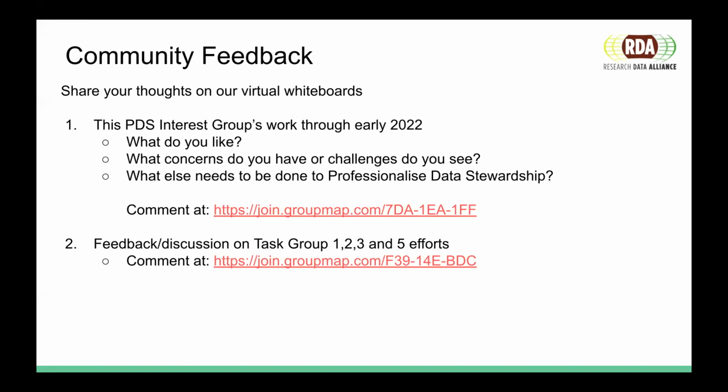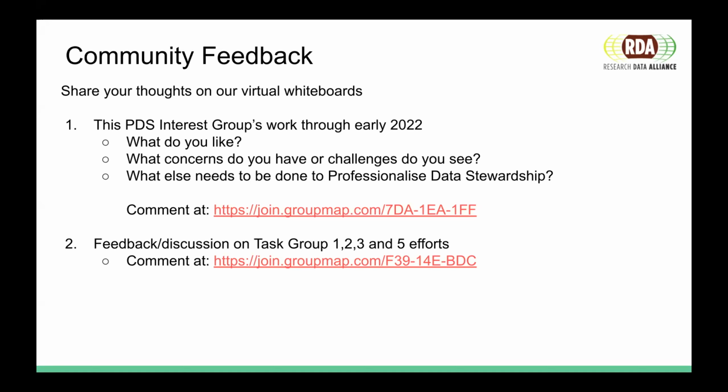And while everyone's adding their ideas there, I do have a quick question for my fellow co-chairs. The most upvoted opportunity or question here is really one about general stewardship versus domain-specific stewardship.